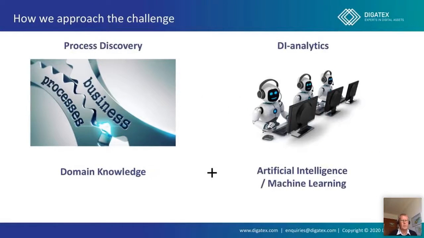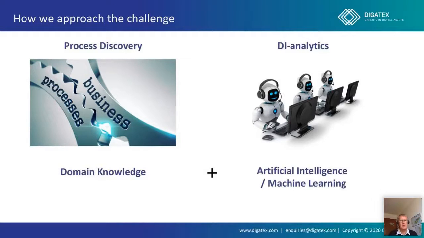The way that we do it is we combine our domain knowledge, which is knowledge about the resource sector, the systems that are used, the data, the workflows, and how it's used, with our artificial intelligence and machine learning platform, which we call DI Analytics. So the real power comes in combining those two aspects together.